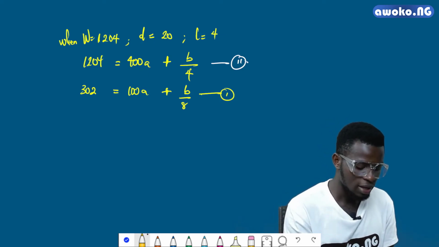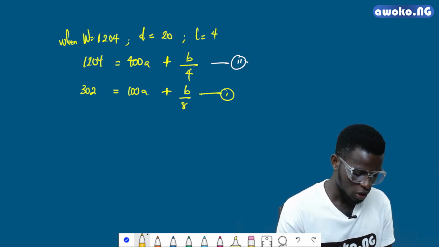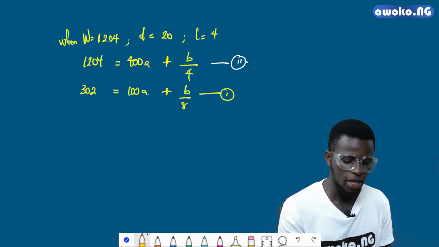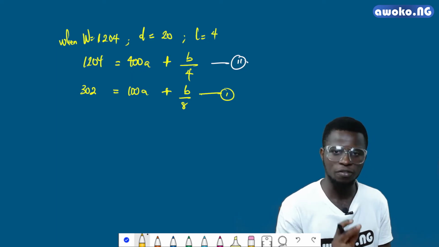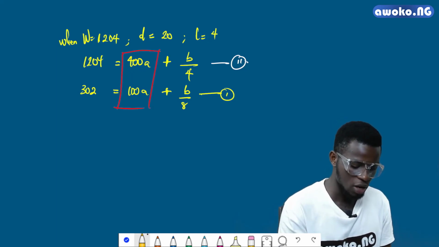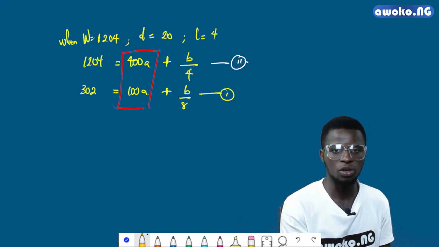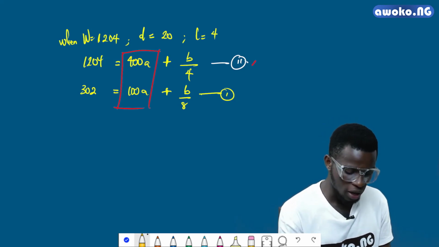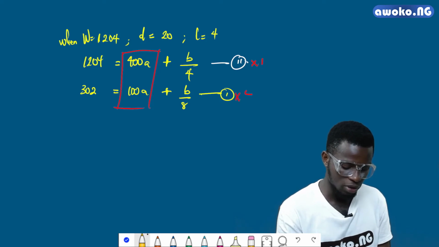So to do that, let us multiply equation 2 by 1 and equation 1 by 4, so that they would be equal to the same thing, and then we will subtract equation 1 from equation 2. So we have times 1, and this is times 4, right?